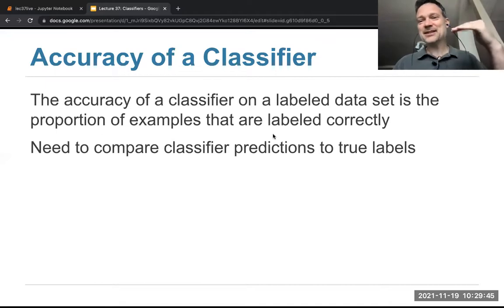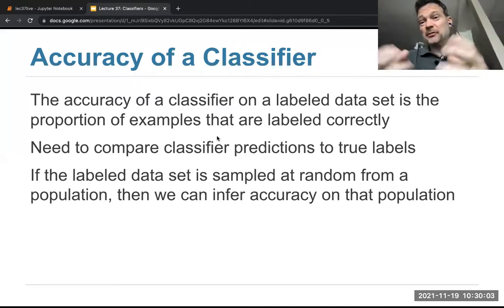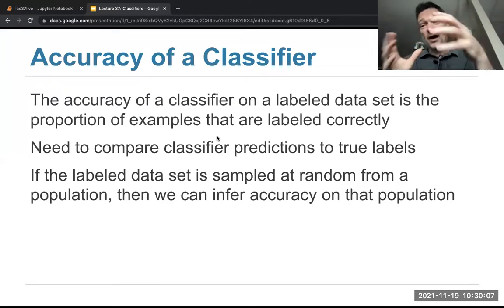So when we test the classifier, the natural way is to test it on some data, but we better make sure it's data where we know what the right answer is. So we're going to need a data set where we know what the class of those patients are. So that's what we do: we arrange for a data set of patients where it's known whether their tumor was malignant or benign.